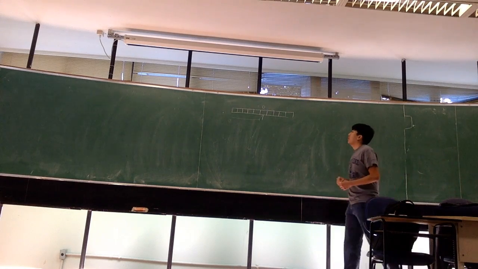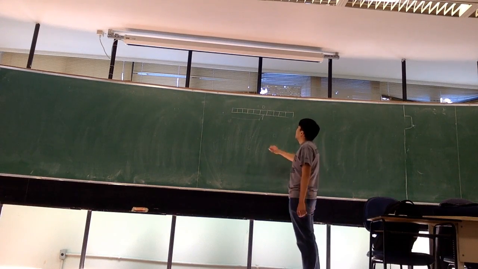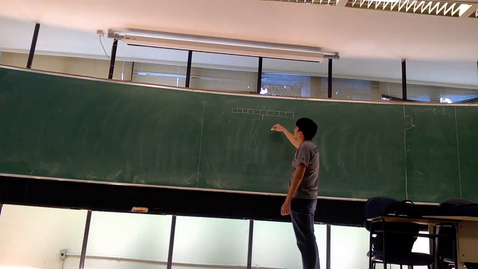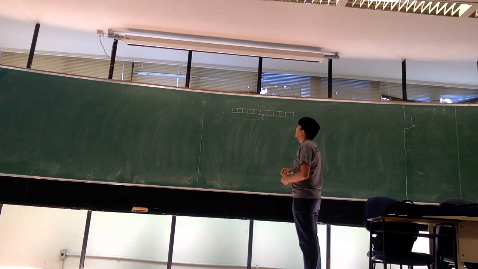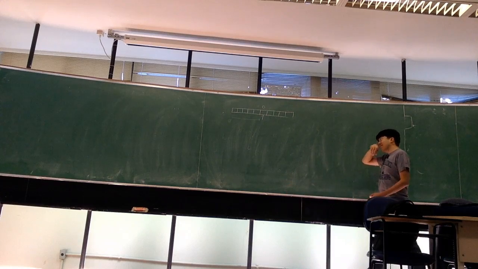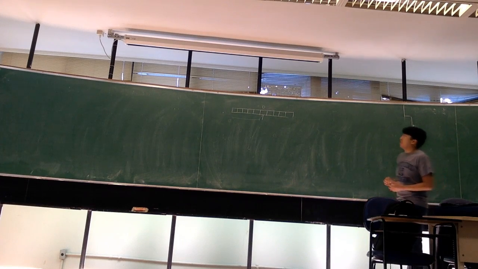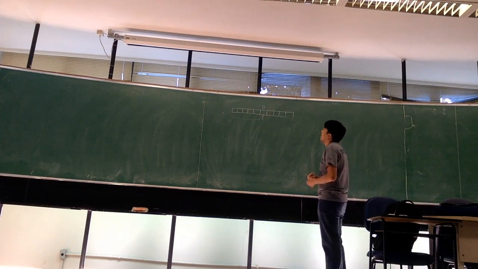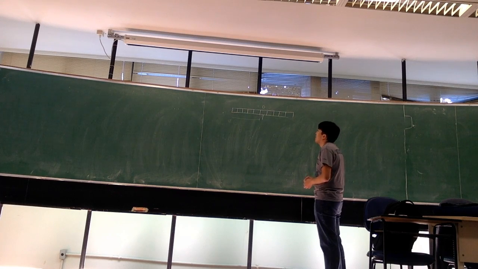There are some restrictions limiting which elements you can choose at any time, but I'll talk about those later. They didn't change much of the problem. And basically, what we're trying to do here is maximize our score.